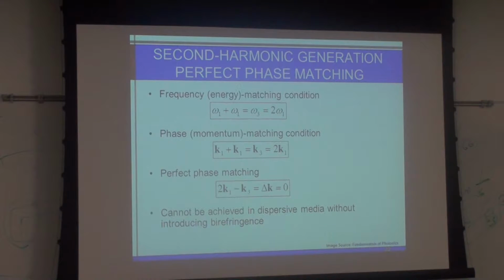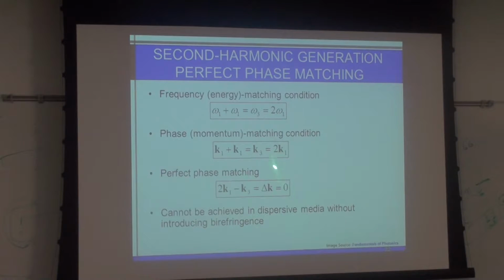In other words, two input red photons at 800 nanometers interact with the nonlinear crystal, lithium niobate or BBO, and it generates one photon that's blue at 400 nanometers, half the wavelength, but twice the frequency.